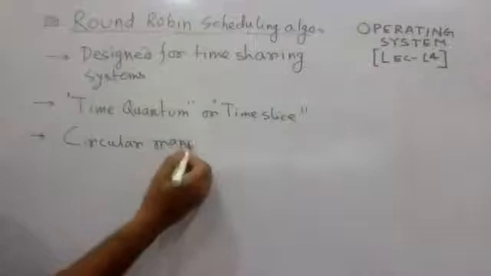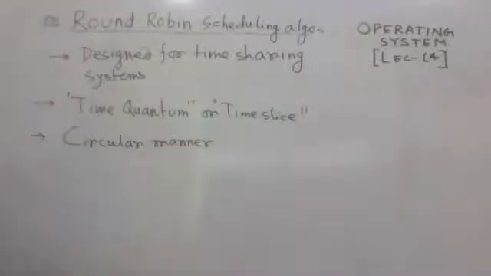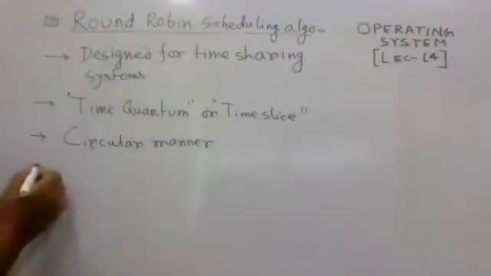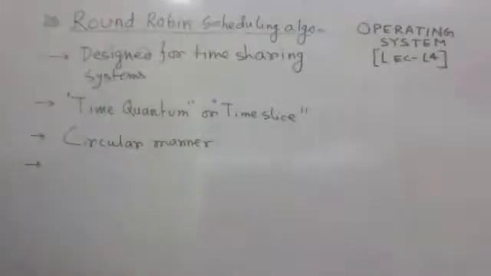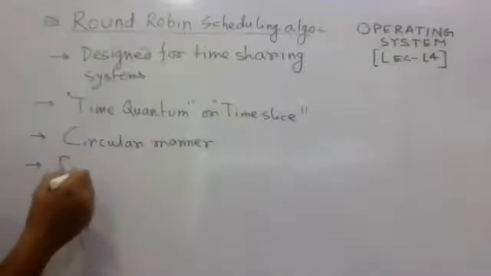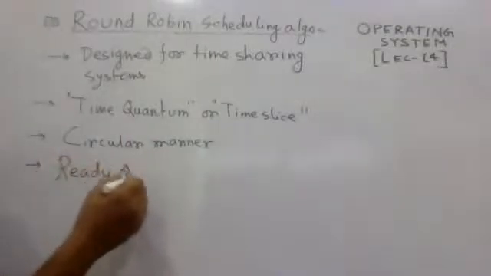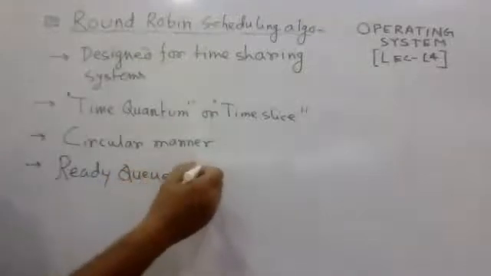And the next important point, to implement round robin algorithm, we keep the ready queue as a FIFO queue of processes, first in first out queue.